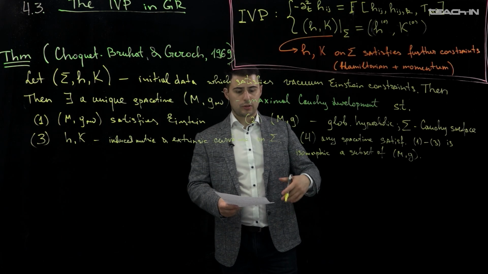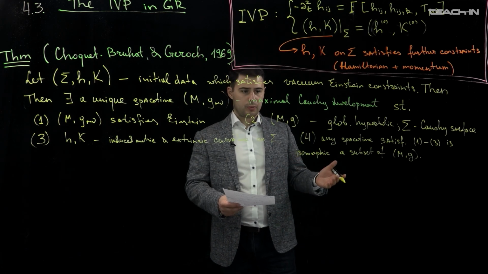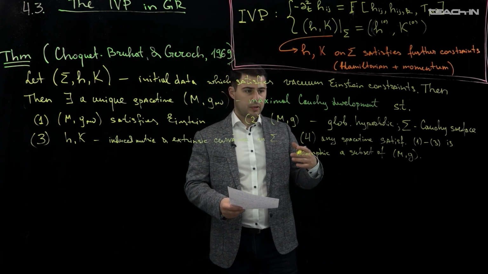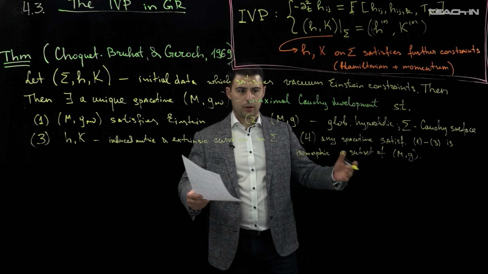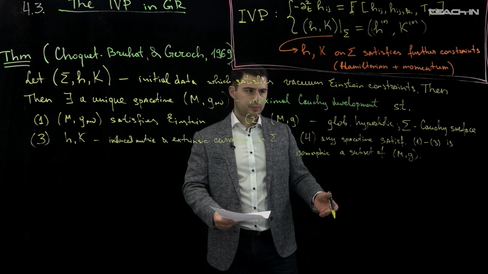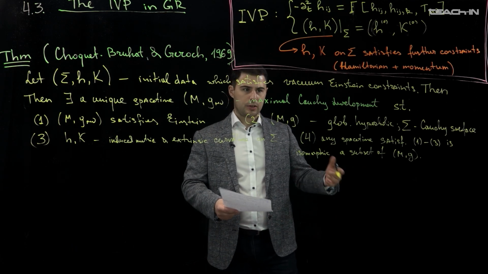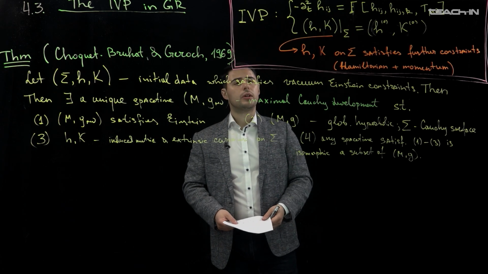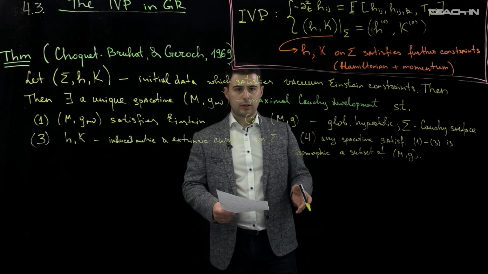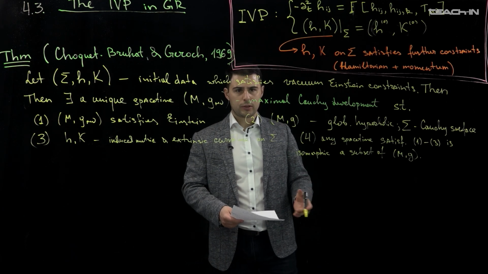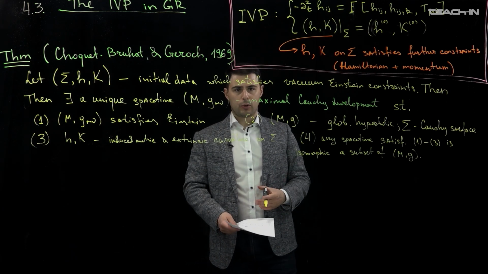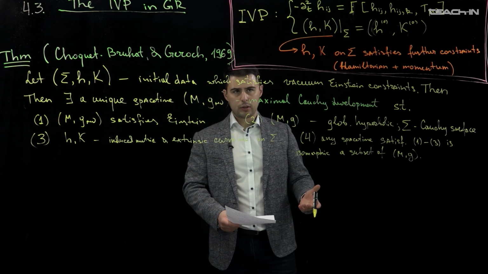So which means that we cannot have a more complete evolution of this initial data, in the sense that this Cauchy development is maximal. So while this theorem was stated for the vacuum Einstein constraints, in fact it works for any good matter.